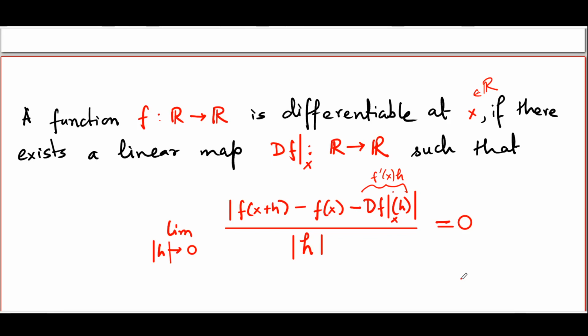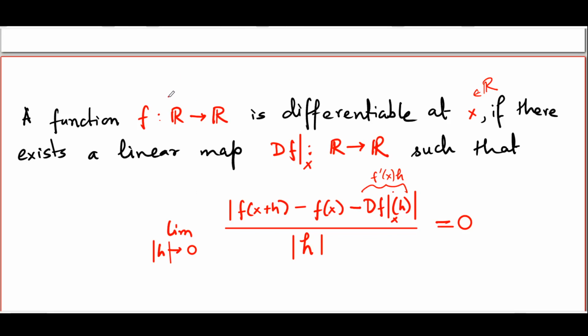Now, the reason why this particular reformulation of the definition of differentiability is so important for us is that it actually can be generalized rather trivially to the case where f is not a function from R to R, but a function from Rm to Rn. Note that if we are considering f to be a function from Rm to Rn, we can still use this definition almost entirely as it is.